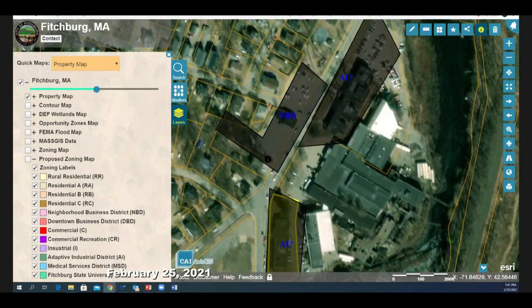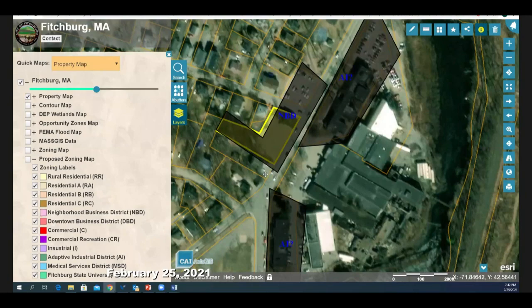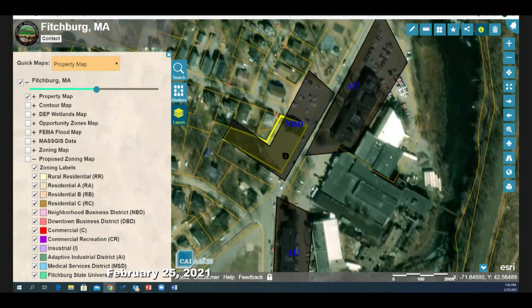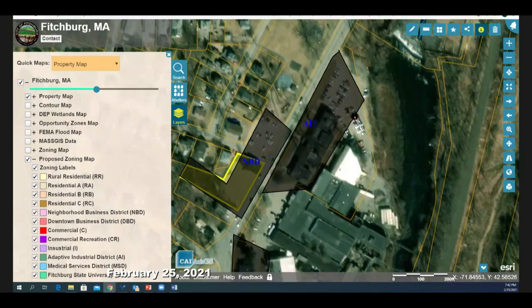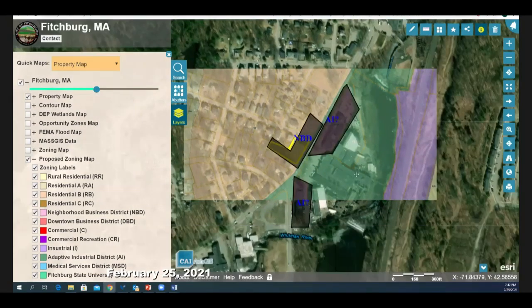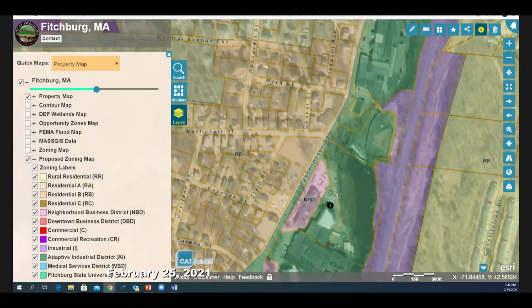Correct. This is a parking lot for Luck. This is, you know, a neighborhood business as opposed to residential use. Yeah. So both of these were proposed to change to neighborhood business district. Yeah, that's good. And the Luck building across the street, I think that's an old mill.